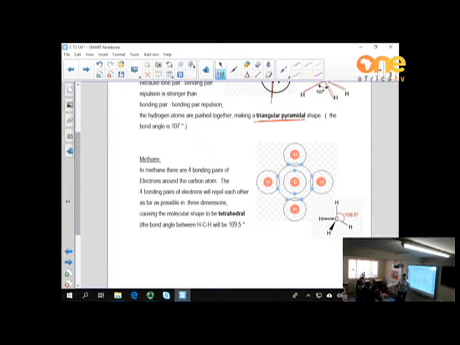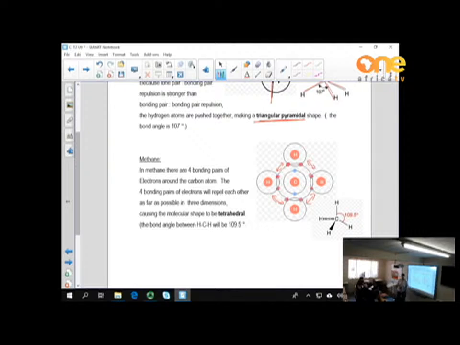Then methane is probably the easiest one to explain of the lot. Are there any lone pairs of electrons? No. We have 4 sets of bonding pairs. There's one set, there's another set, and another set. And we find now that the repulsion between these pairs is fairly weak, but it is the same in 3 dimensions.